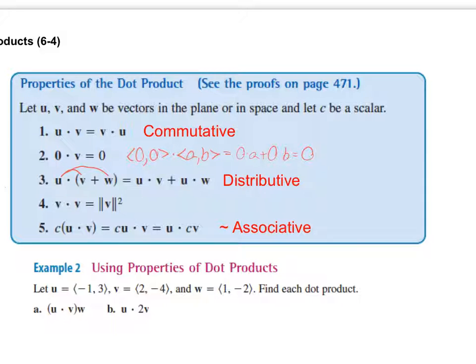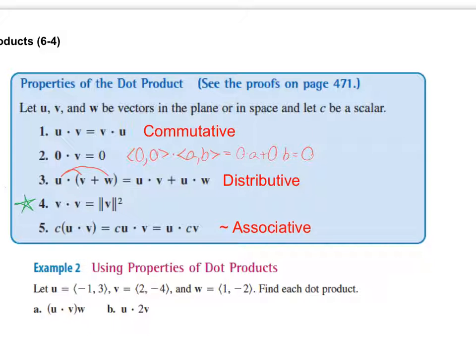The fourth one here is kind of an interesting one, and this is one that you might use a few times. If you take something dotted with itself, you get the magnitude squared. Watch this.